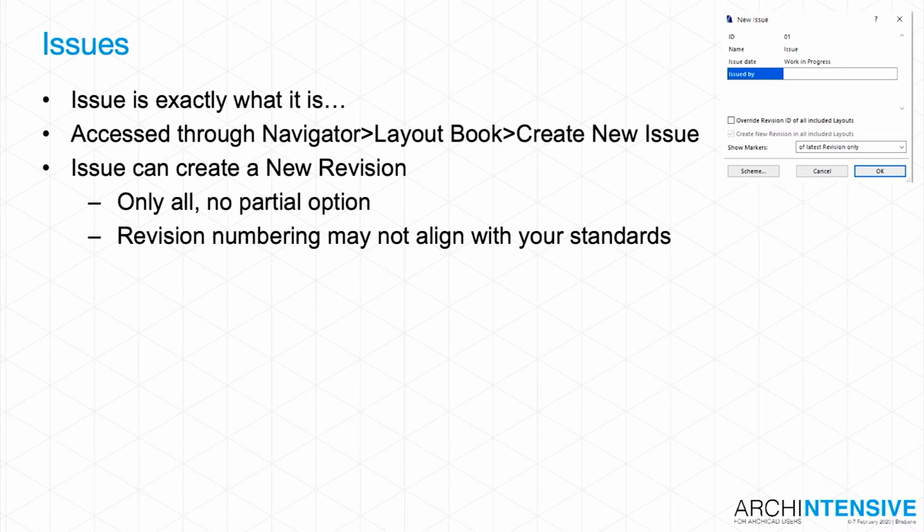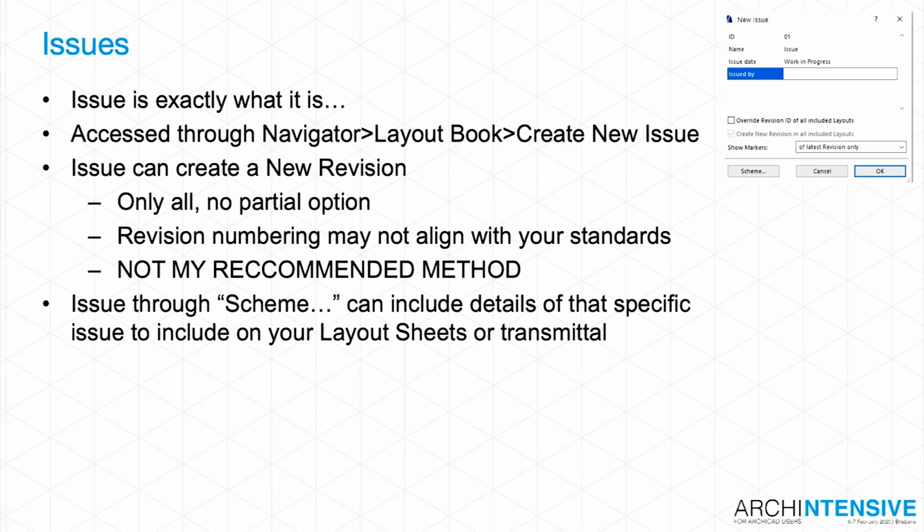You can potentially use the ID there to actually drive that naming convention of your revisions. I don't recommend that method. It's just one method I don't like. But you've got to be aware that it exists, and for most people it might work for your business to do it that way.